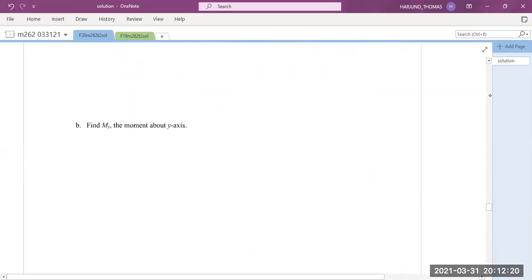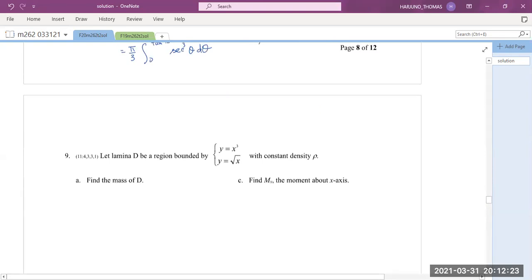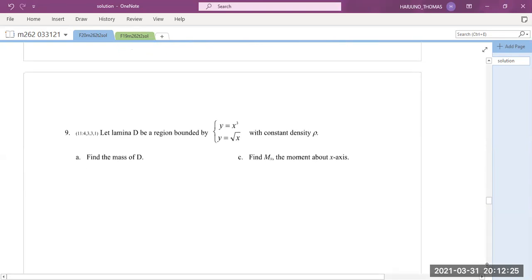Sorry, too far. Number 9, we have this lamina bounded by y equals x cubed and square root of x. Find the mass. It's constant density, right? So the mass will be rho times the area, basically.